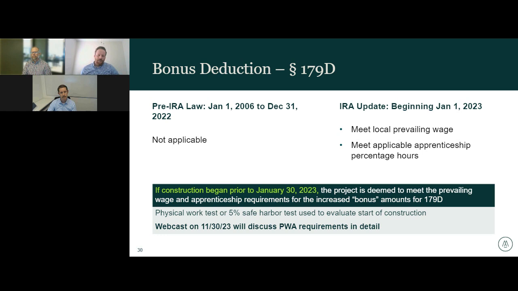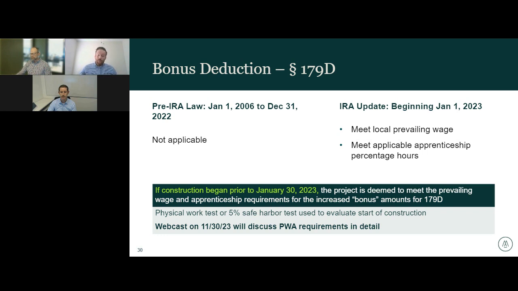It ranges from 10% up to 15%, depending on where that construction start date occurred. Along with those requirements, I want to emphasize that it is both prevailing wage and apprenticeship. It's not one or the other, unfortunately. There are tracking and reporting requirements in place as part of the IRA, meant to substantiate those labor rules that have been achieved, and that will be covered in more detail as part of that webcast on November 30th.